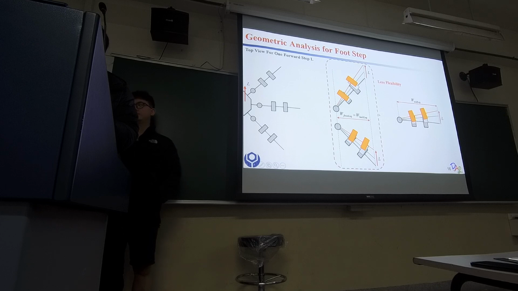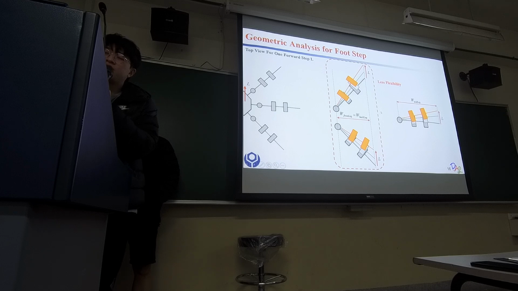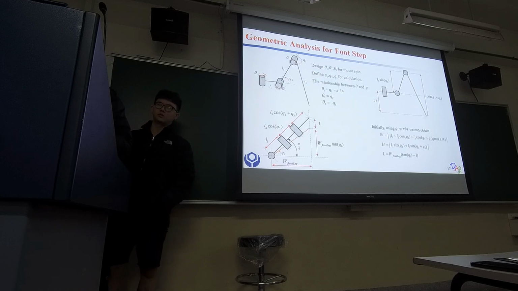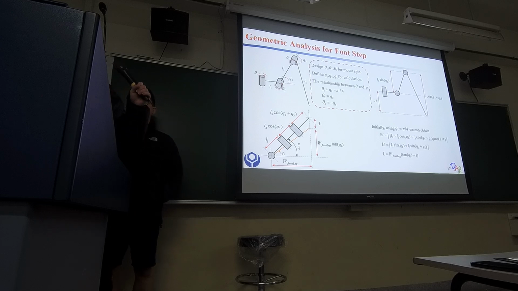Because the front leg has less flexibility, next we are going to use the front leg to do the calculation for the geometry analysis. So this is our analysis. First, due to our motor selection, we chose the MG995, which has only pi, or 180 degrees, of spin, so it can only move half a circle.